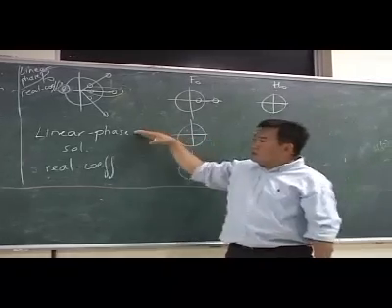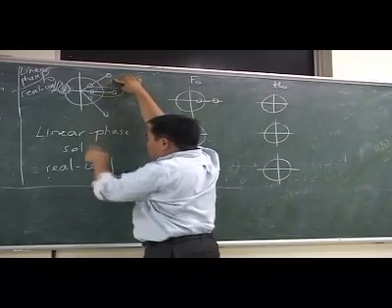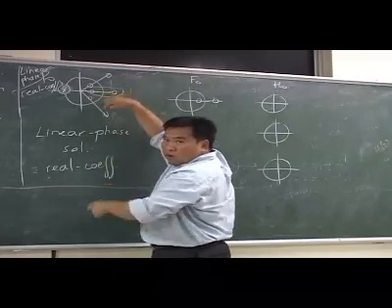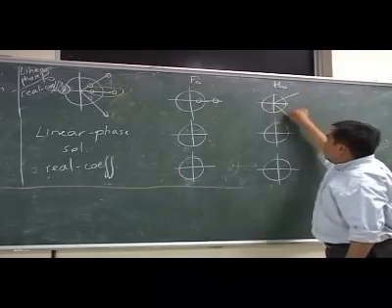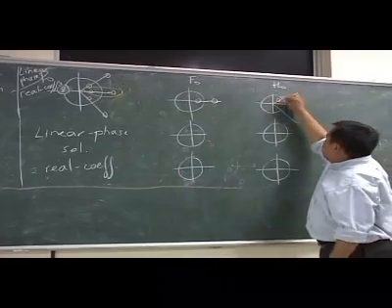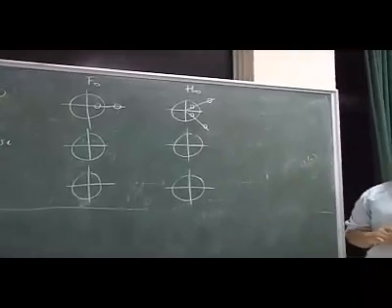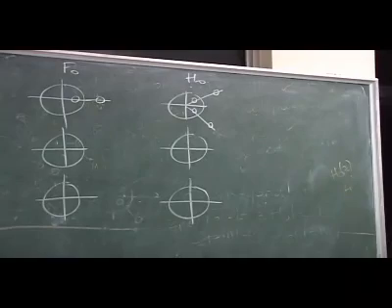When linear phase, then this pair go together. If you want real coefficient, then this pair go together. If you want both, all 4 have to go together. Okay? Let's use the other side, otherwise it will not be fair, right? So that's one way to distribute zeros not at -1.